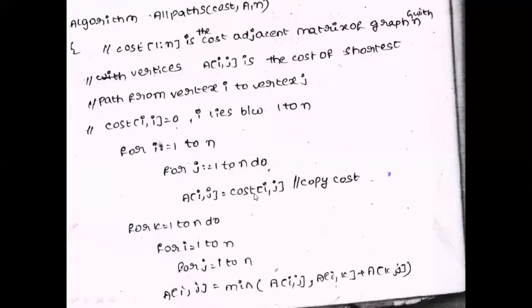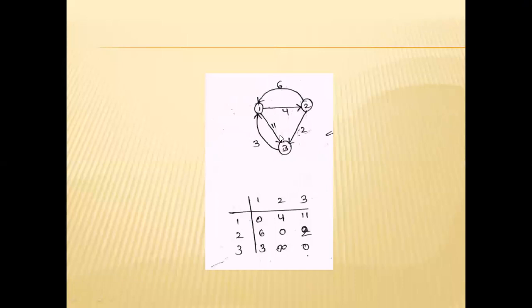Suppose for the graph the cost matrix is: 1 to 1 is 0, 1 to 2 is 4, 1 to 3 is 11; 2 to 1 is 6, 2 to 2 is 0, 2 to 3 is 2; 3 to 1 is 3, since there exists a path from 3 to 1 with cost 3. For 3 to 2 there is no path.